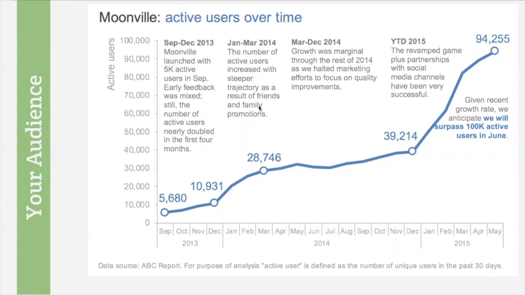So this is what I would do if I were displaying this in a report or print. Notice that I still highlight we will surpass 100,000 active users in June. The take-home message is clear. I've added these numbers to highlight the places I want people's eyes to go, and I have explanations of what I said previously when I was presenting out loud. But here, this is a good visualization for a report.